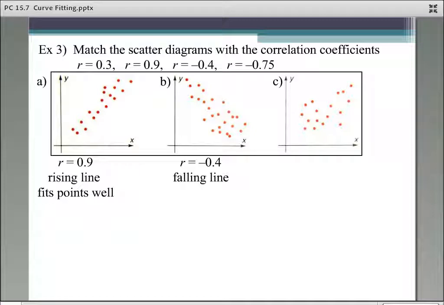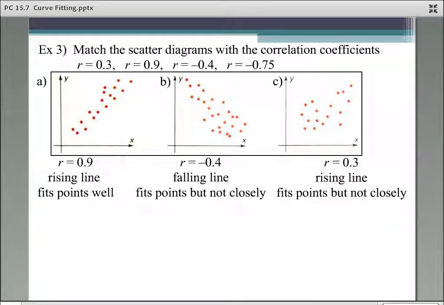A lot of them are scattered about, so negative 0.4, they're not very closely related. And then the last one definitely has a positive slope. It's a rising line, but the points are all over the place, so that is a 0.3. It fits the points, but not super close.